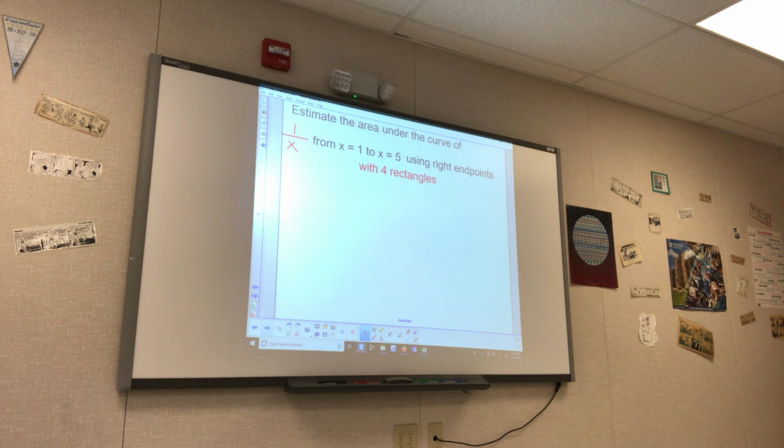Draw the approximating rectangles. I'm waiting for everyone else to get their second line. Oh no, it's from x equals 1. Yeah, there you go.